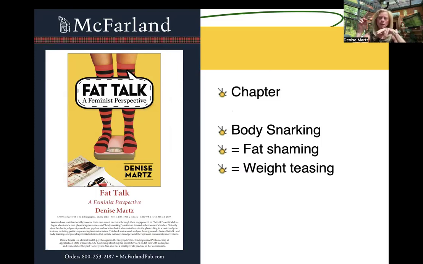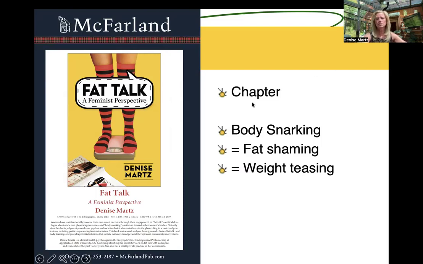That's fat talking. And nowadays we've changed our terminology a lot in the research. I've been working on a chapter with my colleague recently, and we're calling it negative body talk instead of fat talk, because fat talk kind of owns some of the fat stigma. So fat talking is when it happens within individuals and it's about themselves. Body snarking is a really pernicious and sometimes even vicious way of taking somebody else down.